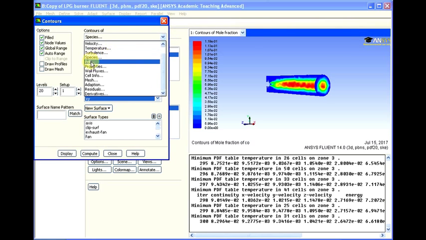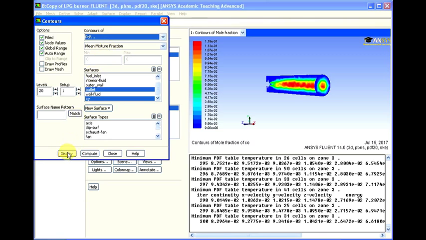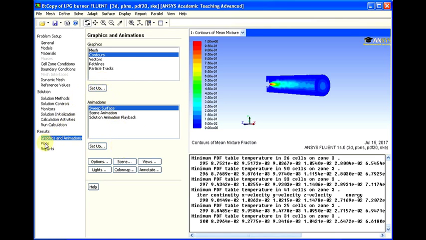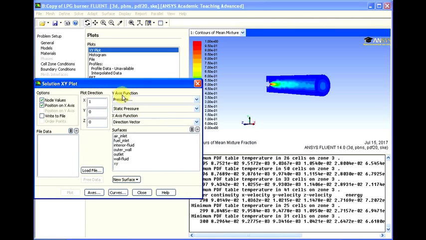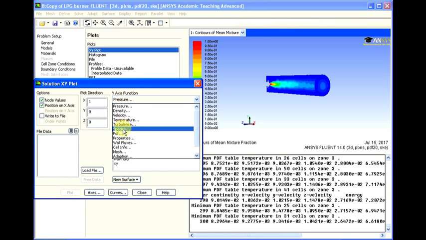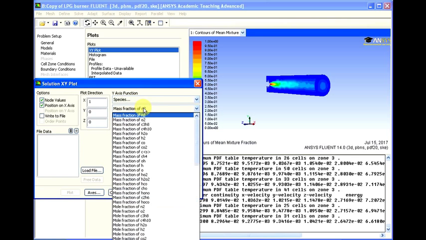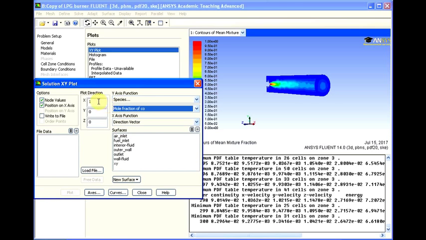Okay, now we can also see the PDF mean mixture fraction, the development of fuel, changing, conversion until complete combustion. So we have not complete conversion there. In plots, we can calculate how much CO emissions. So we can see species, mole fraction of CO. We can convert it later on to ppm.